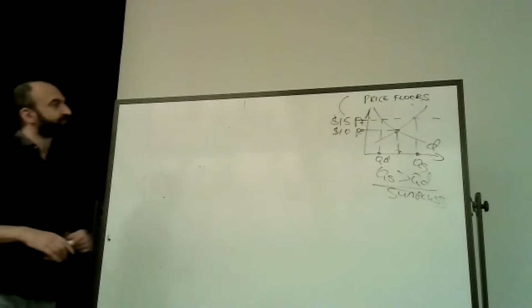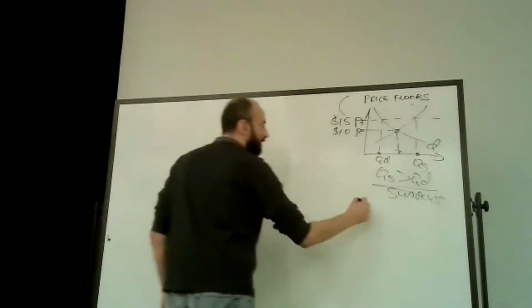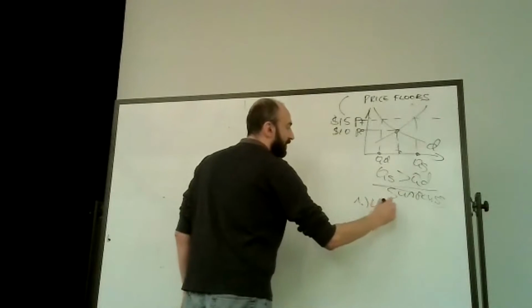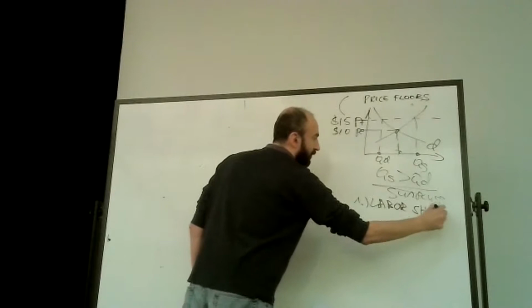One of the things that could happen as a consequence of a high minimum wage is a shift in labor demand from low-skilled people to higher-skilled people. So that's the first possibility. Labor shift. Shifting the demand for labor.